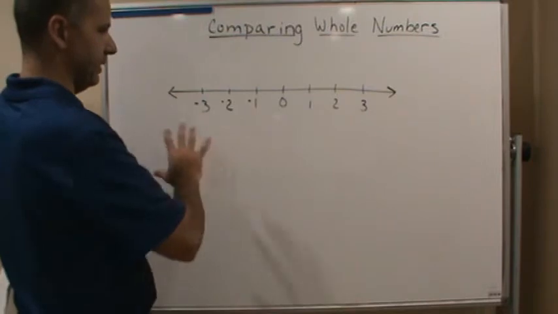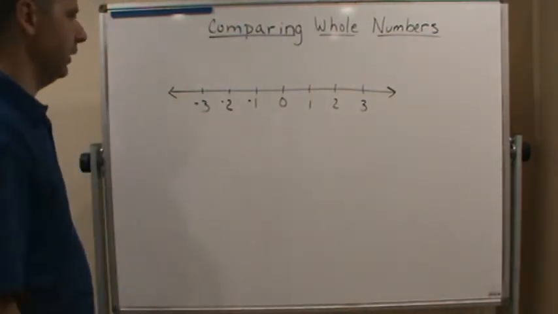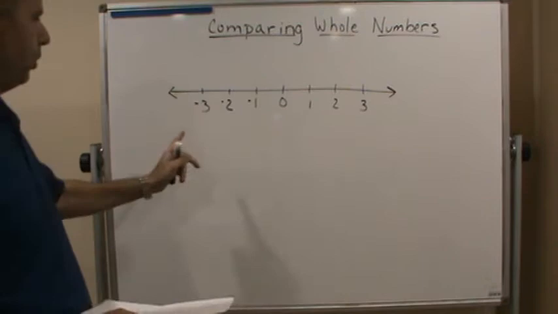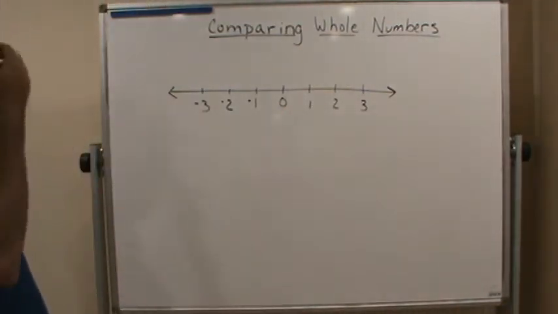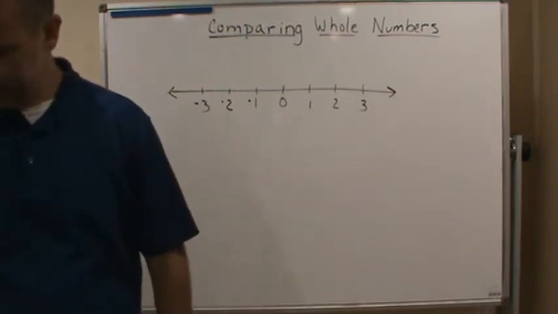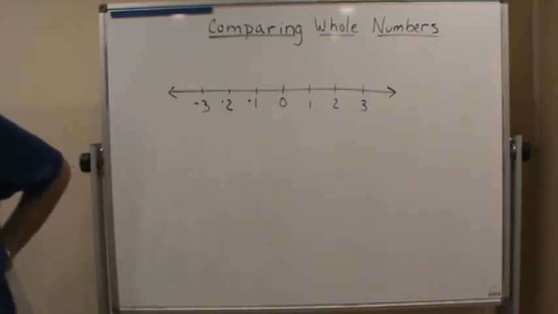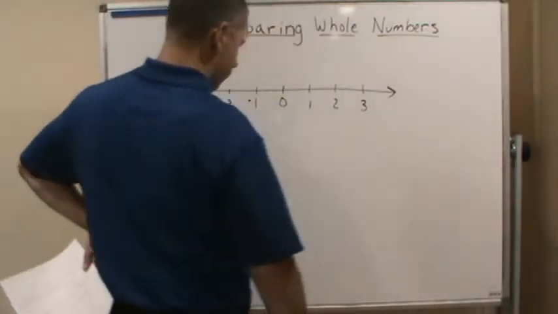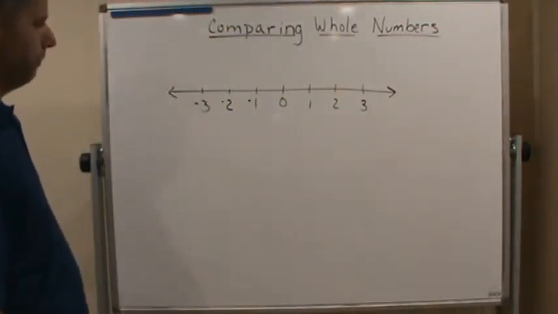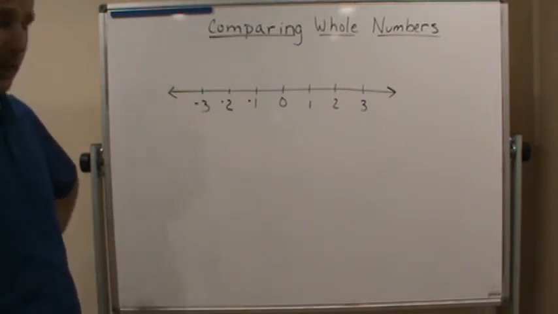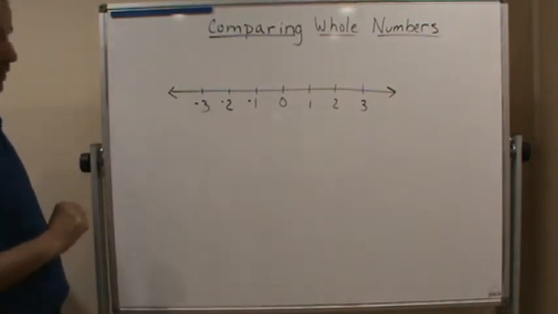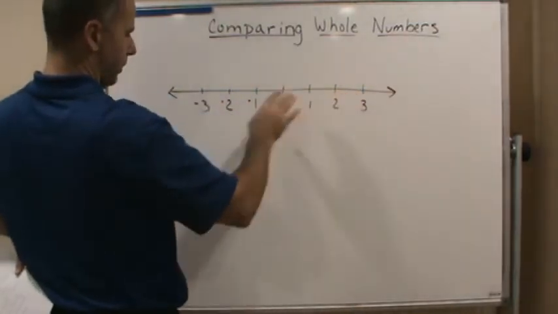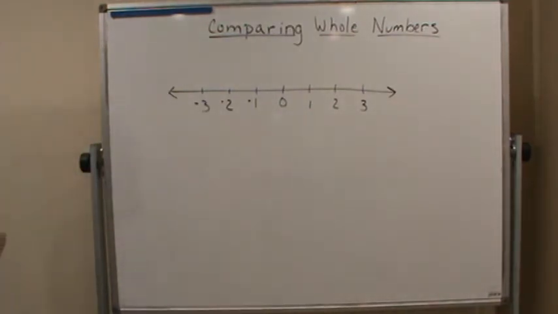As far as the whole number line, if we look at the whole numbers, 0, 1, 2, 3, and so on, this is the way we could compare whole numbers. Again, if we were looking at other values, we could use the number line as well. The concept of infinity, just so we are clear, is that the arrows going in both directions basically say that these numbers will go on for infinity.